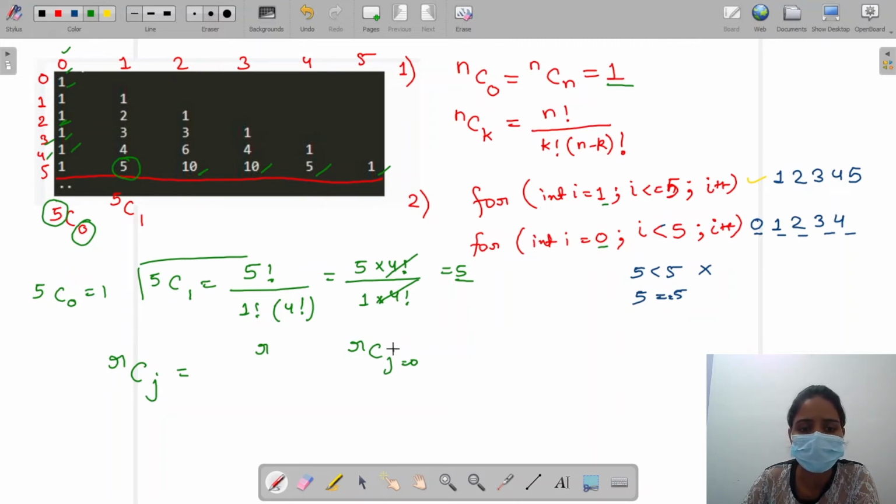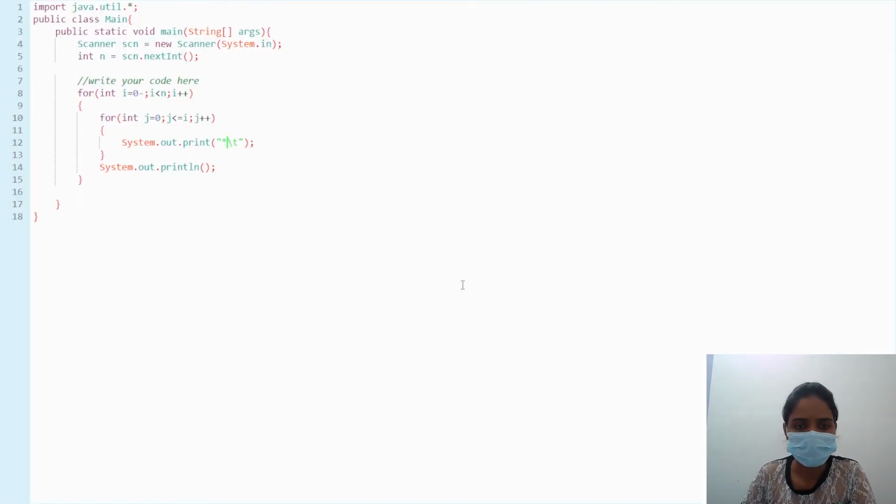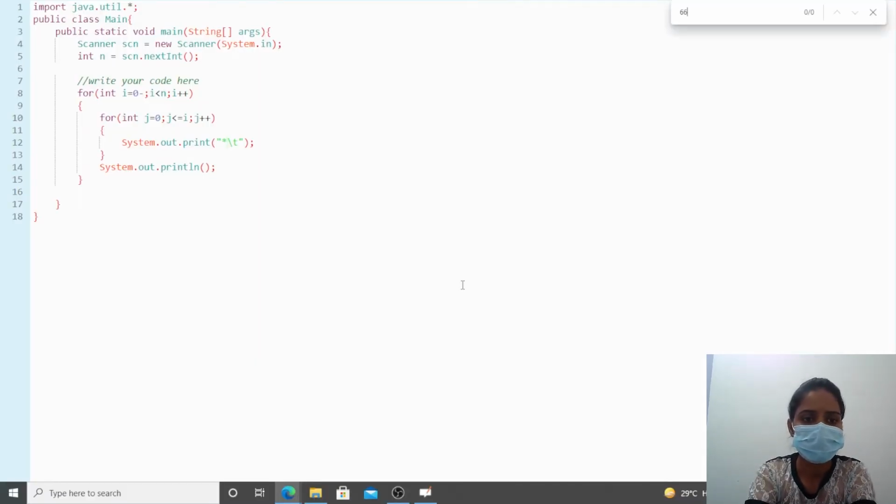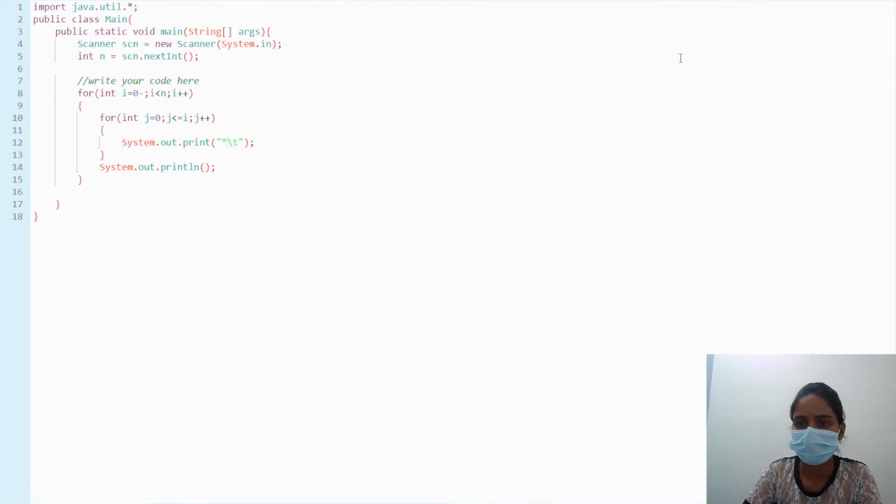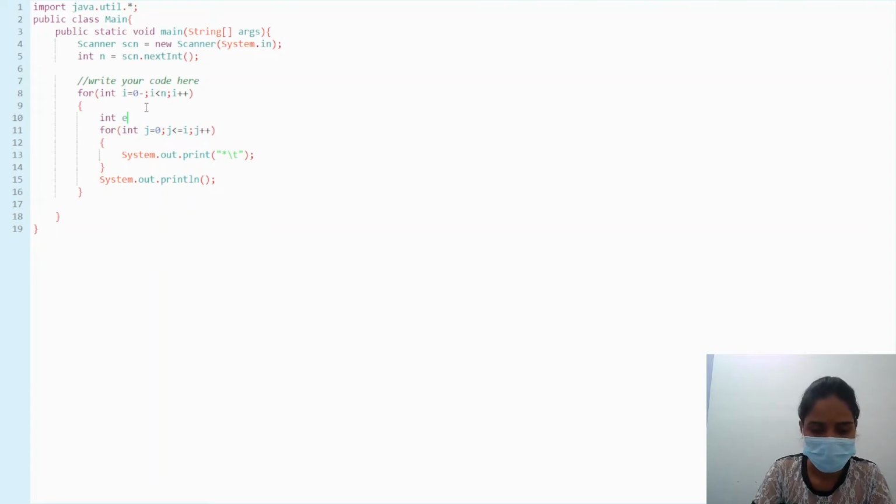So instead of calculating this every time, I am writing int RCJ equals 1, because every time we are starting from 1, and I have to print this RCJ.